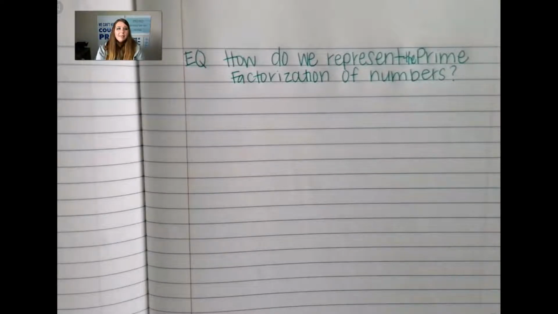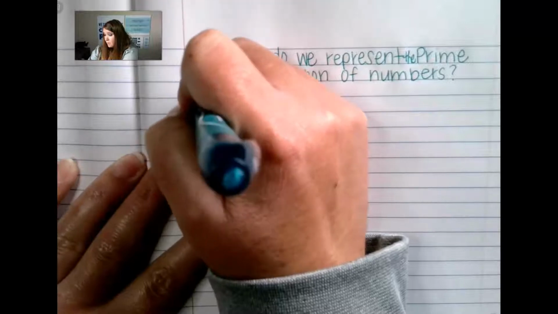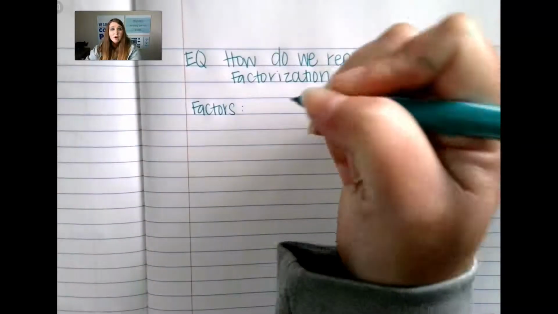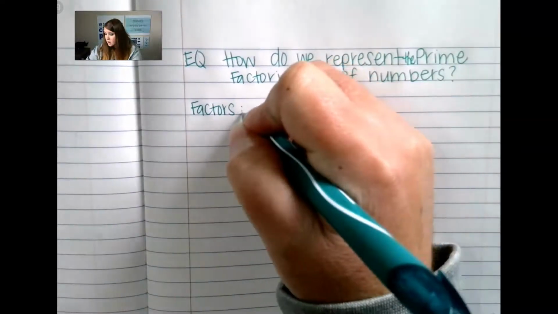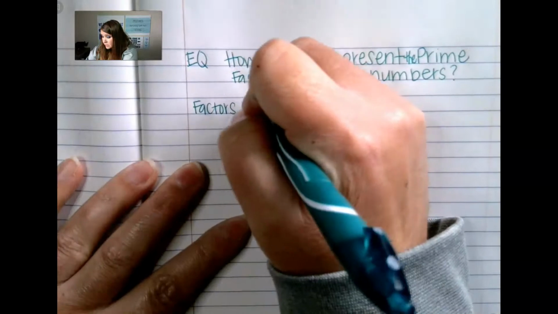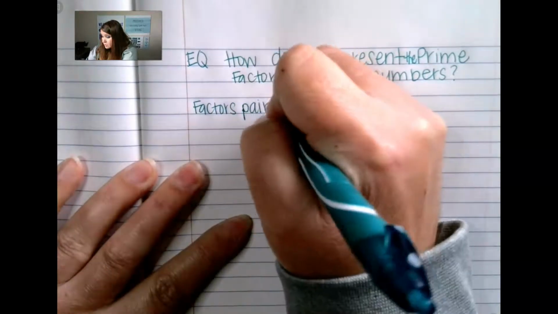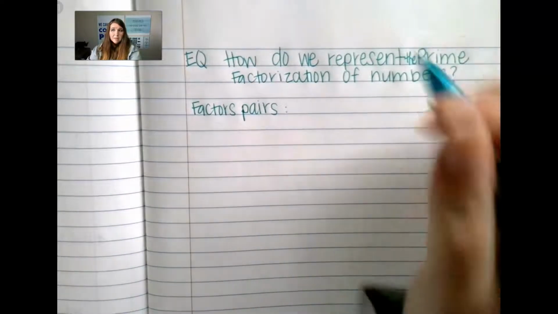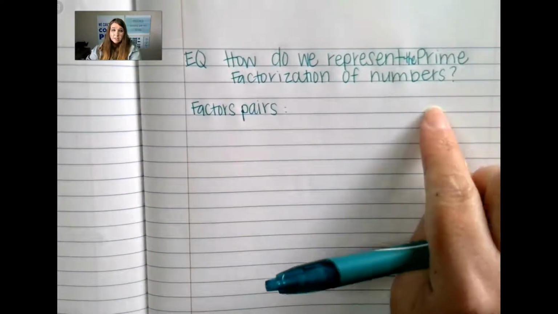So let's talk a little bit about factors. We know from all of our years in school so far that factors are the parts that make up a multiplication problem. Well, we're going to talk about factor pairs. Factor pairs are going to play a really important role in representing prime factorization of numbers.